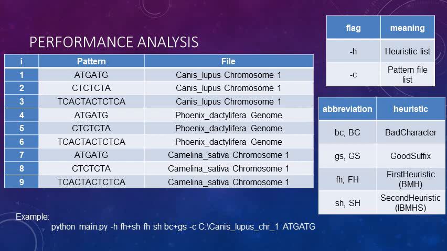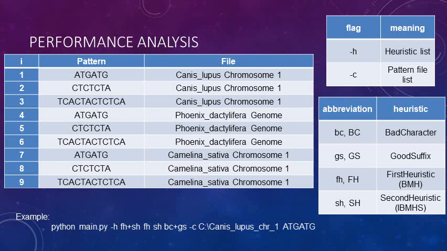In the top right corner, there is a table explaining the flags used for running the algorithm. So -h is a flag for heuristic list, and -c is the flag for pattern and file list. You can see the example in the bottom left corner.